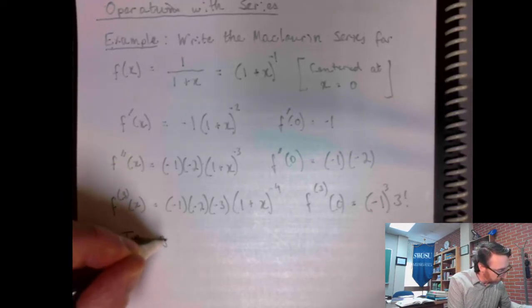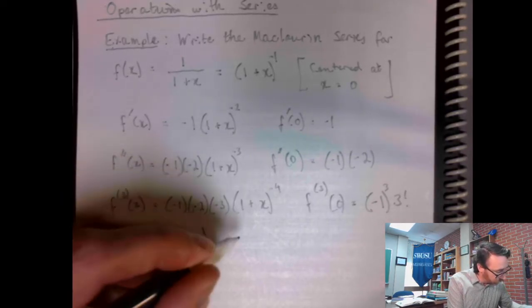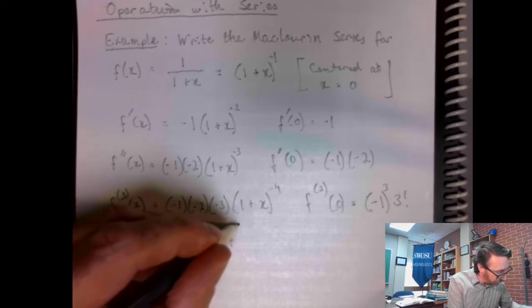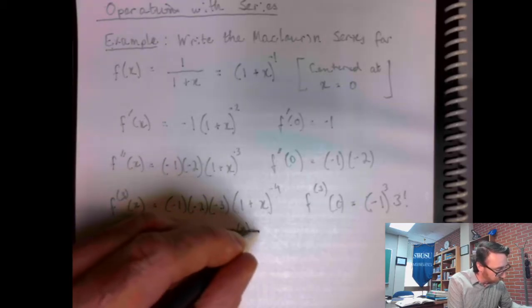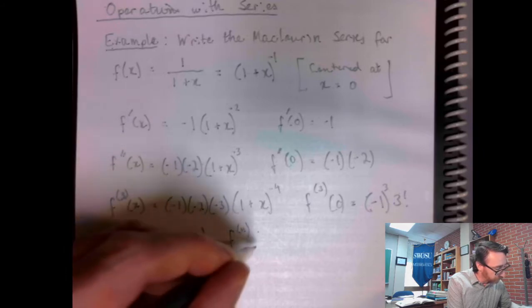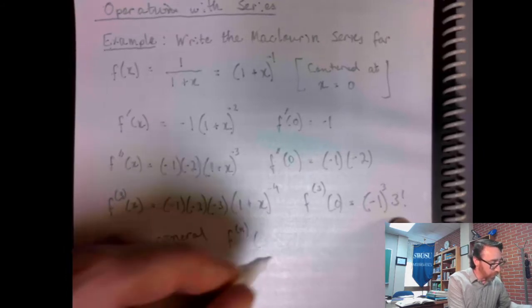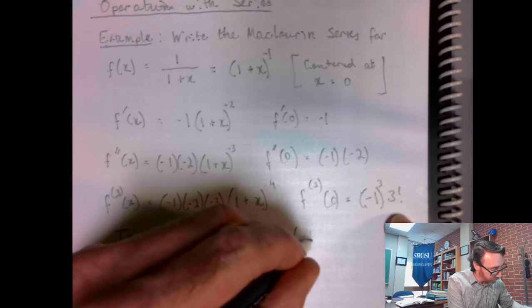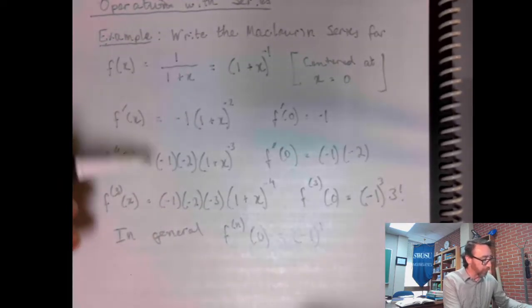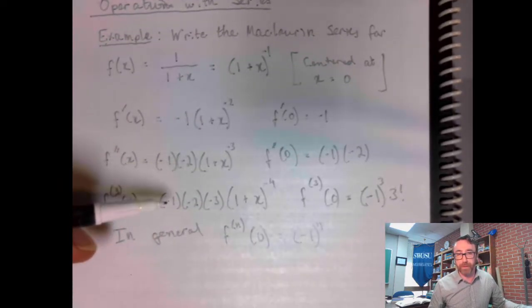So in general, the nth derivative evaluated at 0 is going to be negative 1 to the n, because all these coefficients are going to be negative.